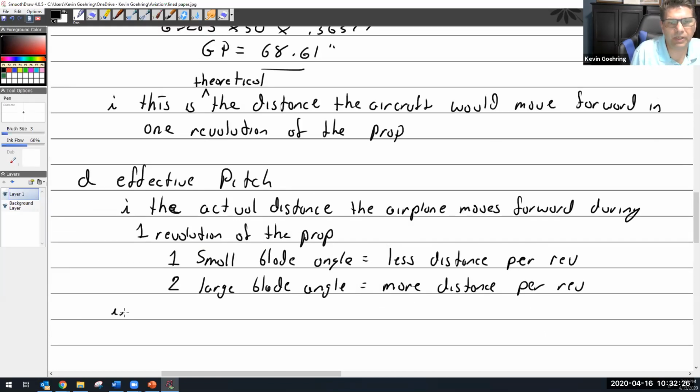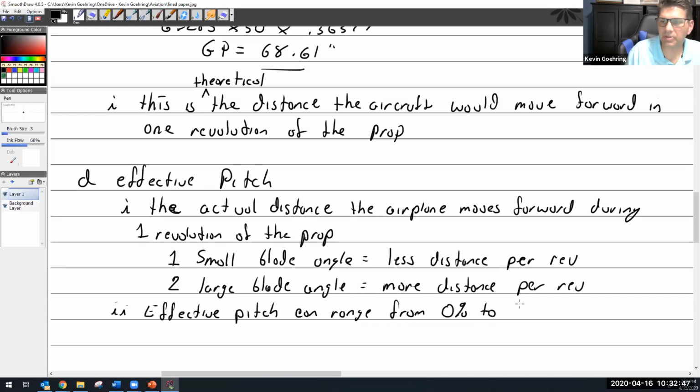And we'll throw this one out. Effective pitch can range from 0% to 85%.